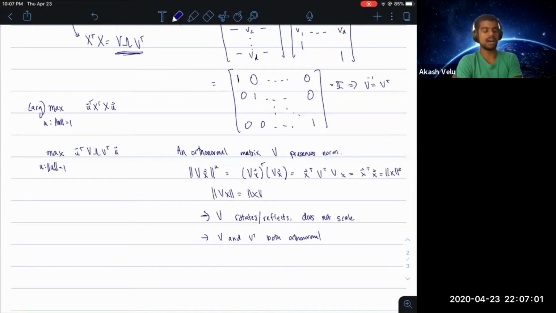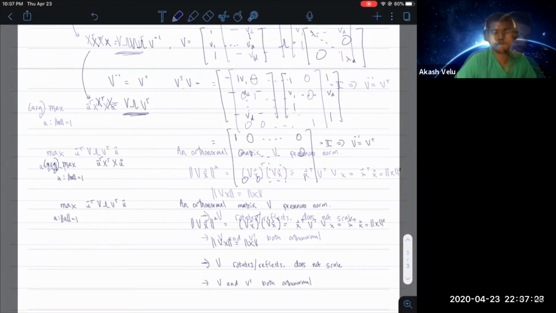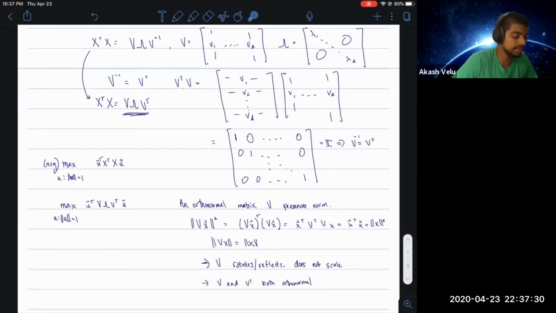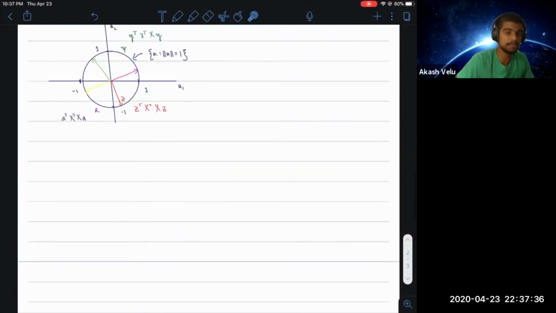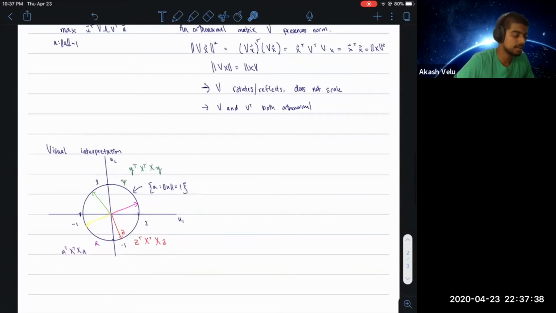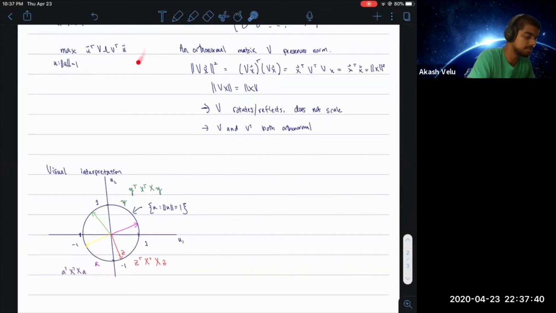Okay, so how are we going to use all of these facts? The fact that V preserves norm, the fact that the eigenvalues are positive, all these different facts. The key lies in revisiting the geometric interpretation that we introduced at the beginning of the video. So let's look at this diagram again. Remember that we have this optimization problem that we've looked at many times, and we're looking at all of the different vectors u on this unit circle and trying to choose the one that maximizes this kind of score.